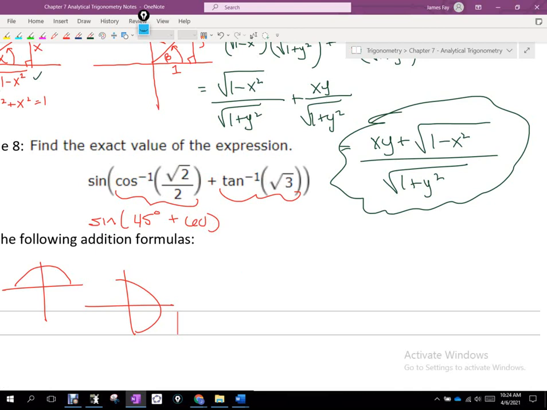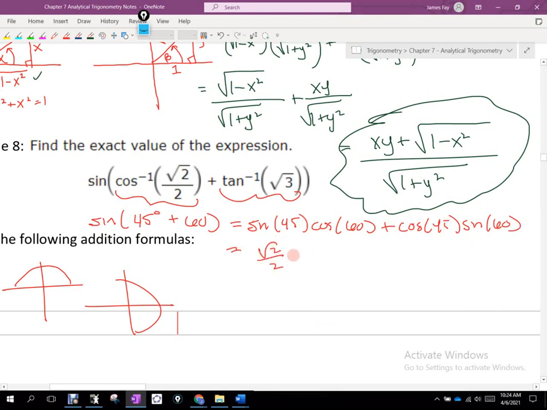So because I've got it now as a sum, I can rewrite this as sine 45 cosine 60 plus cosine 45 sine of 60. So sine of 45 is radical 2 over 2. Cosine of 60 is 1/2.